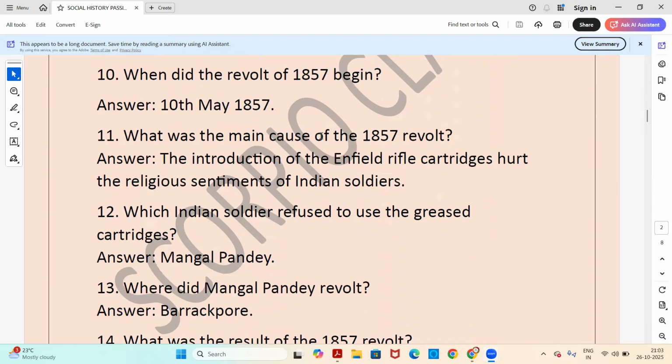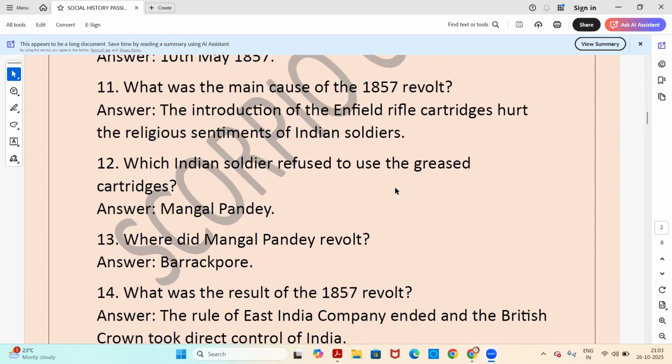Next, when did the revolt of 1857 begin? Answer, 10th May 1857. So the month and the date is 10th May. What was the main cause of the 1857 revolt? Again, the introduction of the Enfield rifle cartridges hurt the religious sentiments of Indian soldiers, and this became the main cause for revolt.